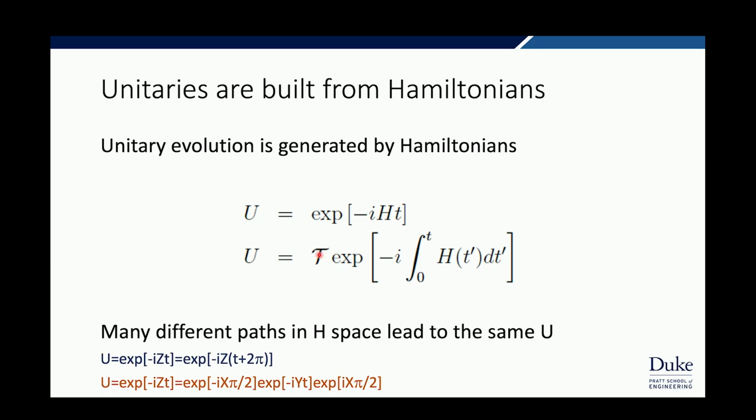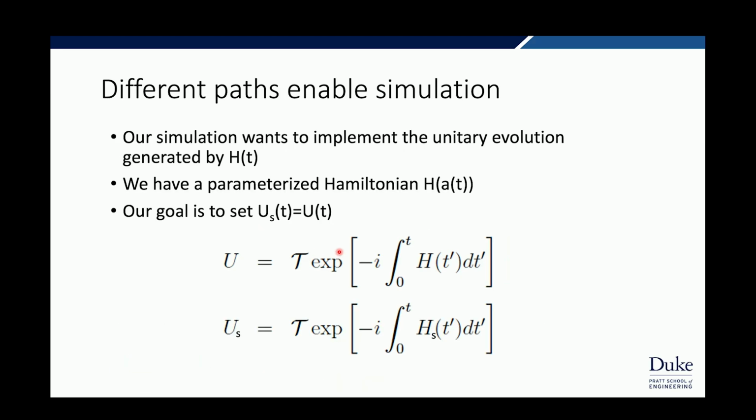This fancy T is the time ordering operator, which means I'm too lazy to write out what actually happens here. If this Hamiltonian commutes, this thing's exact, and I don't need the T. If it doesn't commute, this T takes care of all of that for you. It's an amazing operator. So I'm using it here to make our life easy.